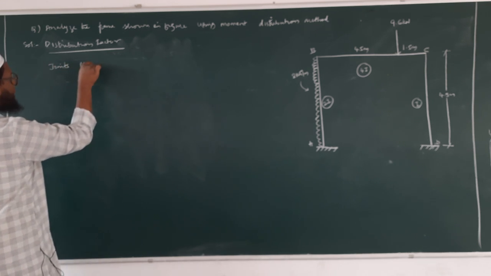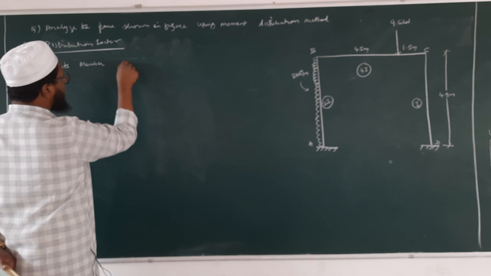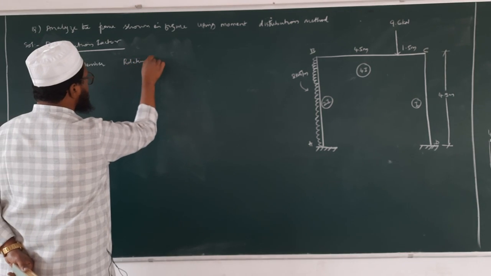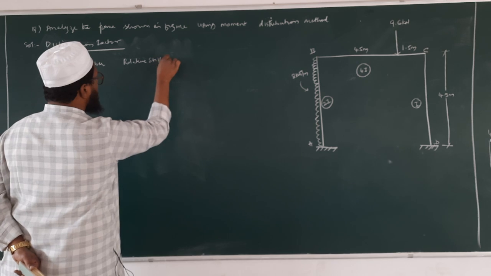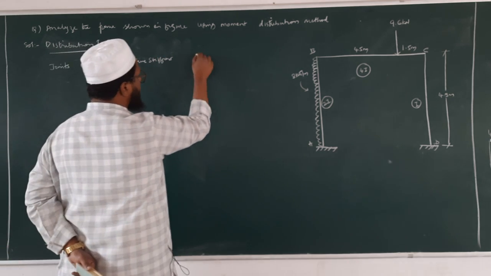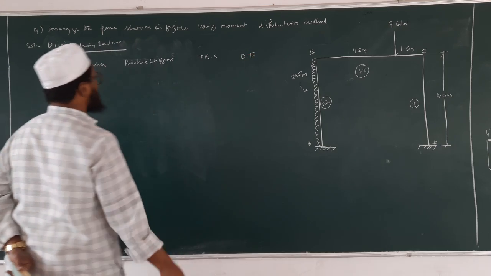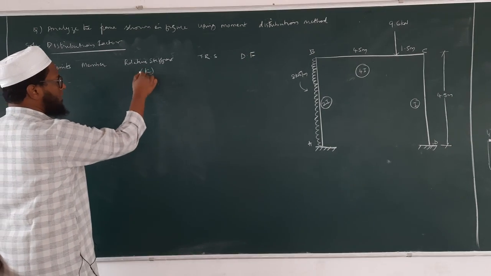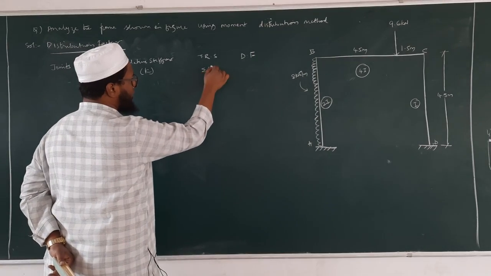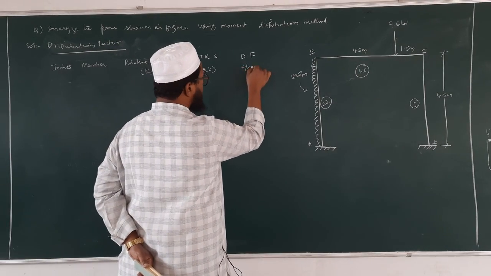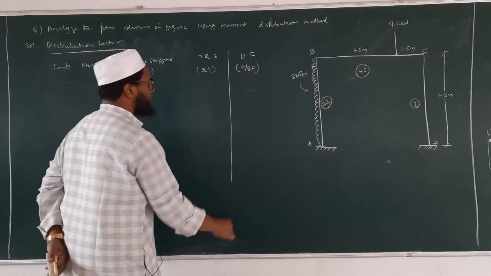Joints, then member, then relative stiffness, then total relative stiffness, then distribution factor. Relative stiffness is denoted by K. This is sigma K, and distribution factor is K by sigma K.